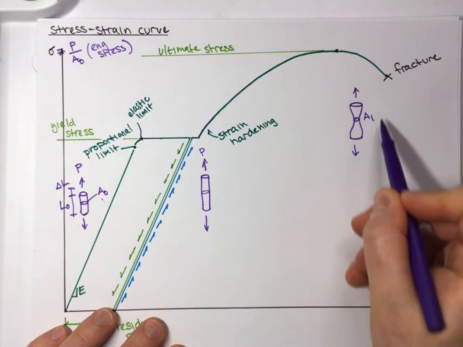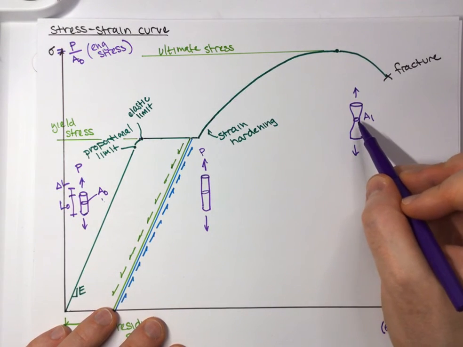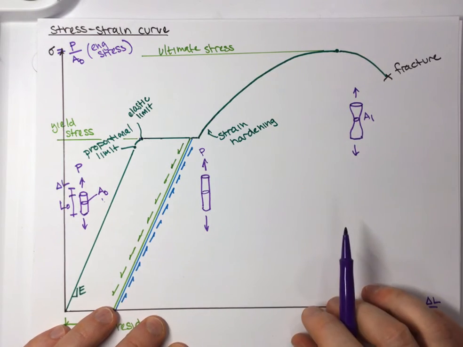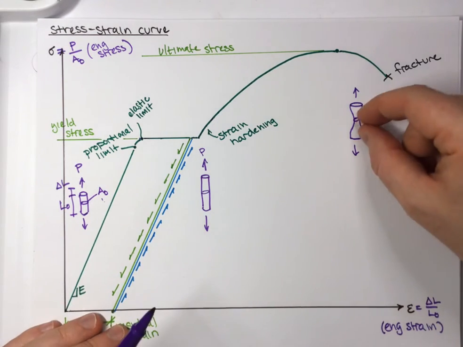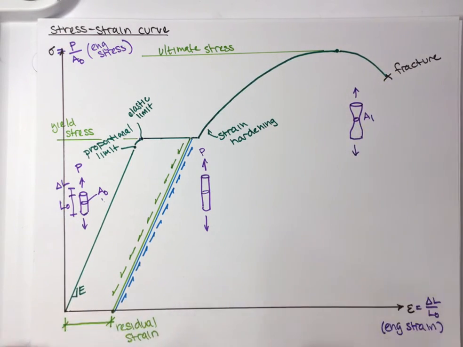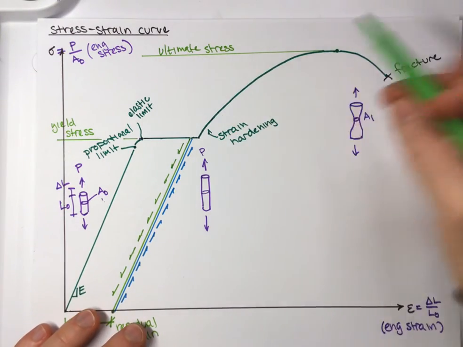We're getting this plastic flow. We start to have a smaller, reduced area in the middle of our section. We start to neck, which is what this picture is trying to describe. And when that happens, we actually have a much larger stress. So that is what we call true stress.